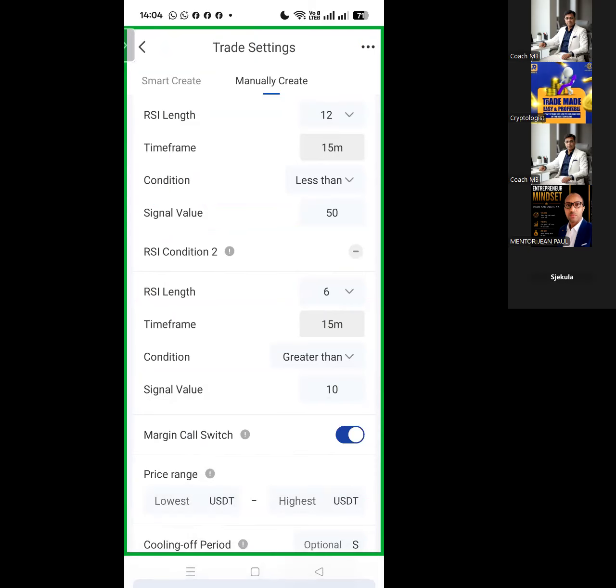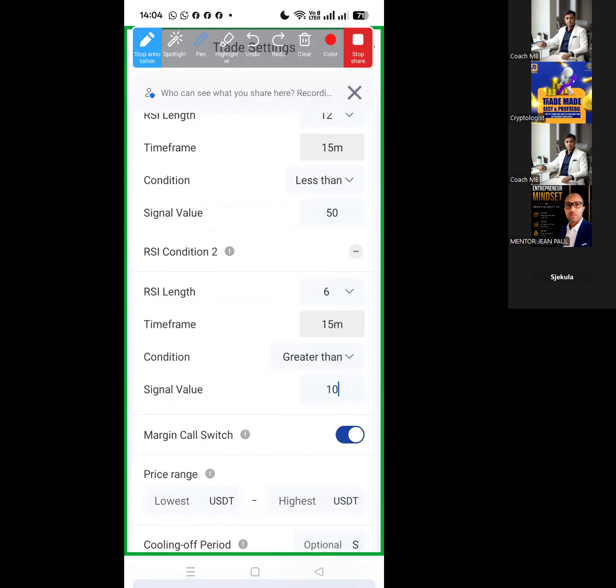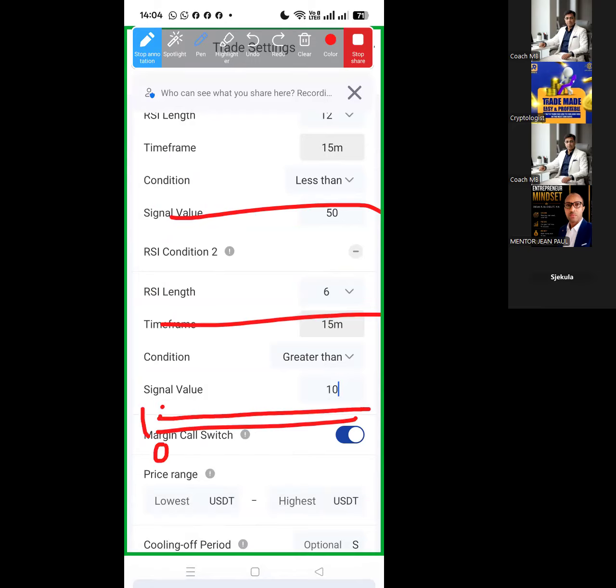What I did now, I want this coin to be bought somewhere between 0 and 10, somewhere between these two lines. I want this coin to be bought somewhere less than 50%, but more than the 10% area. So I can put two different conditions here.